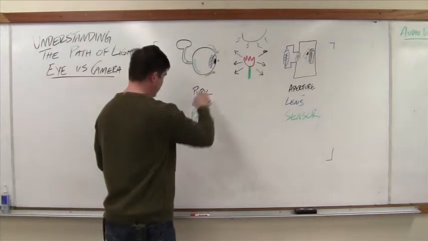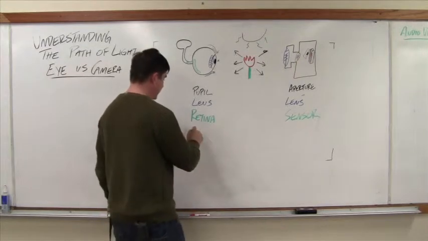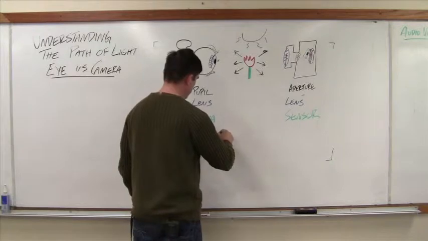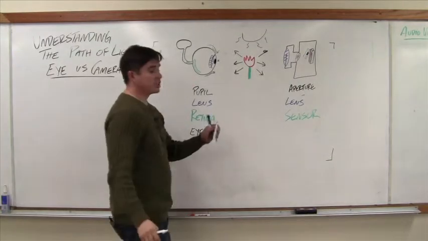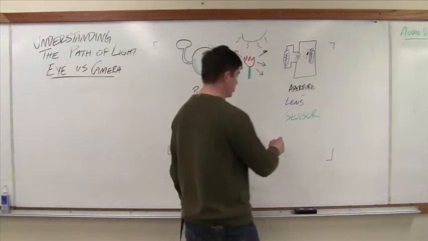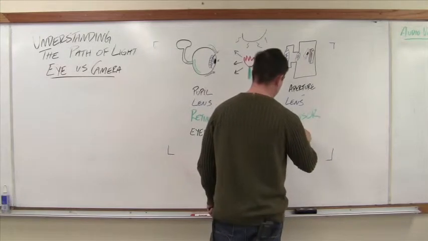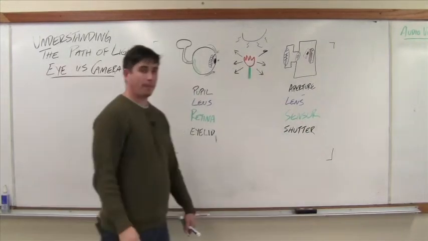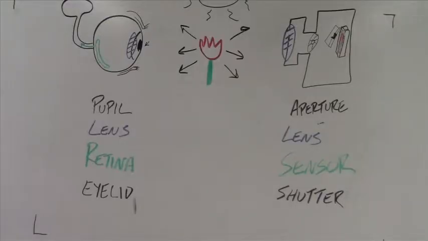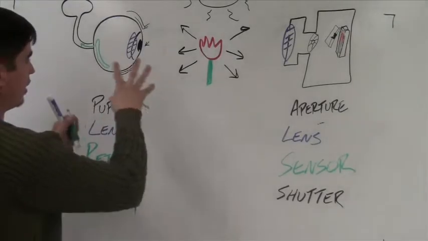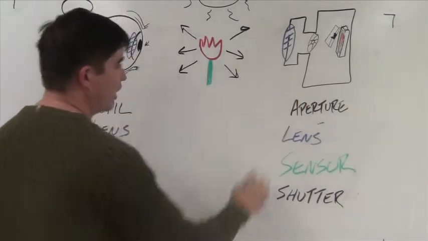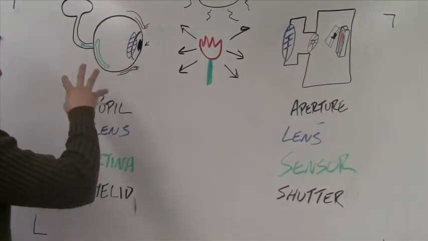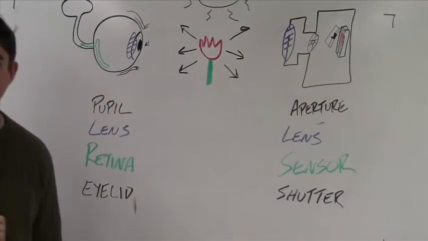So our eyelid can act just like our shutter in our digital camera. Okay? So that's how we can compare the human eye to a digital camera. We have the same kind of parts in our eye as we do inside of the camera.